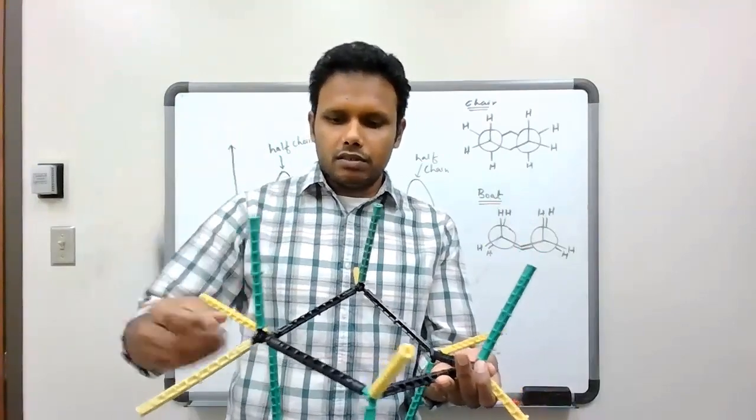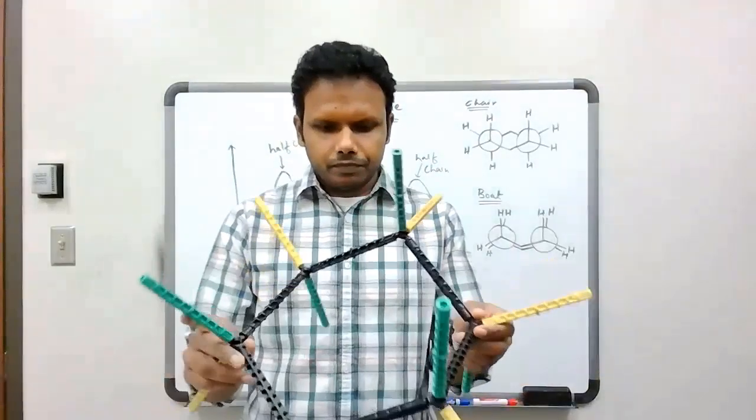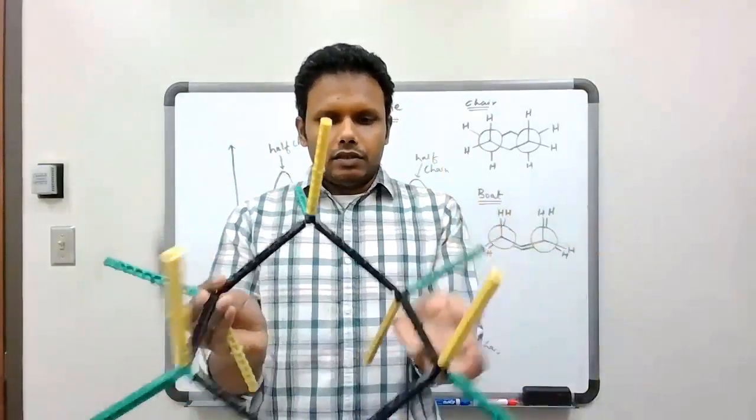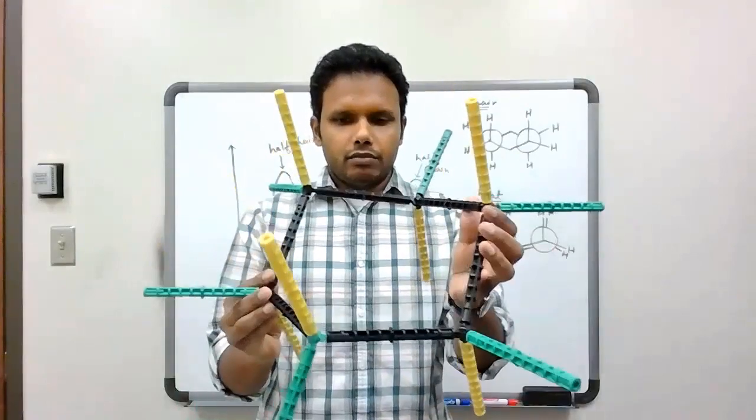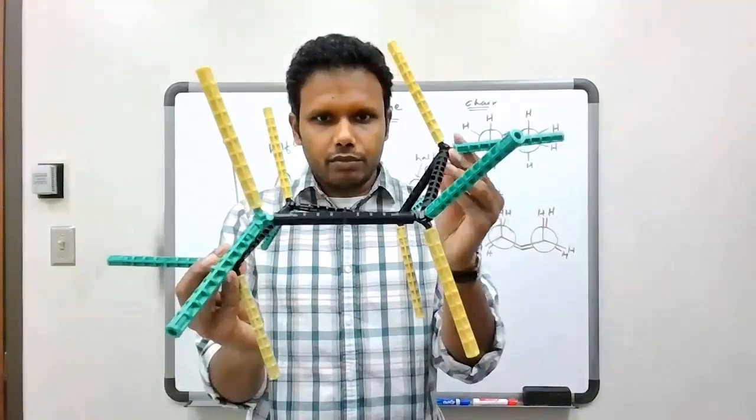So the hydrogen is at the tip here, and these are carbon atoms. If you notice, this cyclohexane molecule can adopt a chair-like conformation.